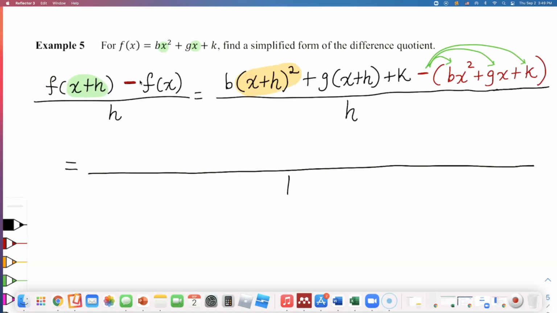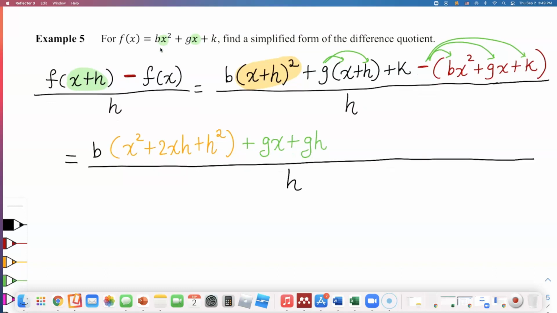Okay, look how long that fraction bar is. I will have b times x squared plus 2xh plus h squared. That's what that orange highlighted part is. And you can check it by foiling, but because we did it before, we saved it so that we don't have to foil it again. Now, if I distribute the g, I will get plus gx plus gh.